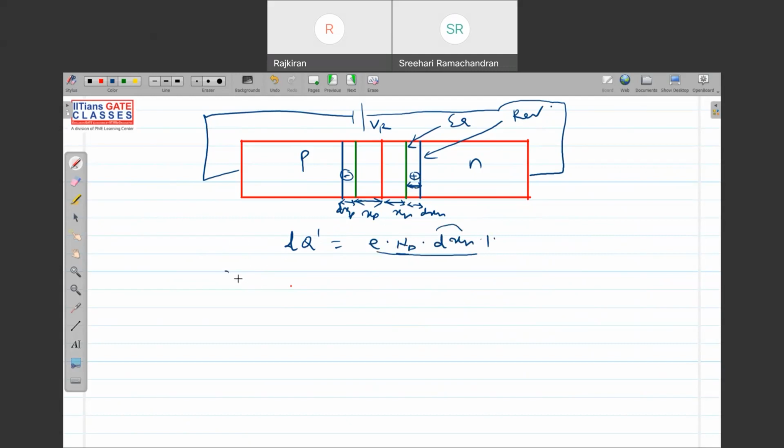So what is my capacitance? C depletion equal to dq' by dVR, equal to q ND into dxn by dVR.